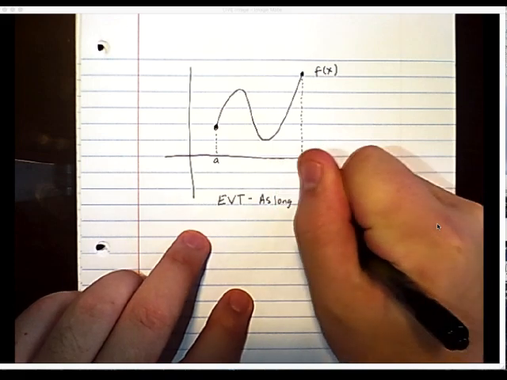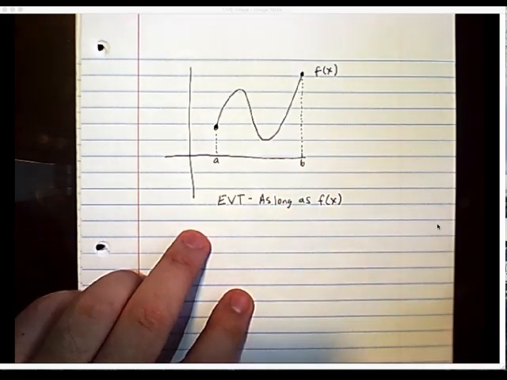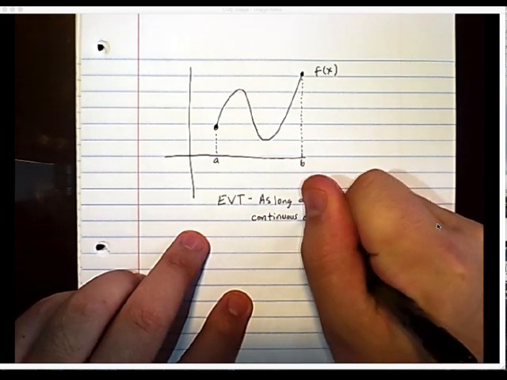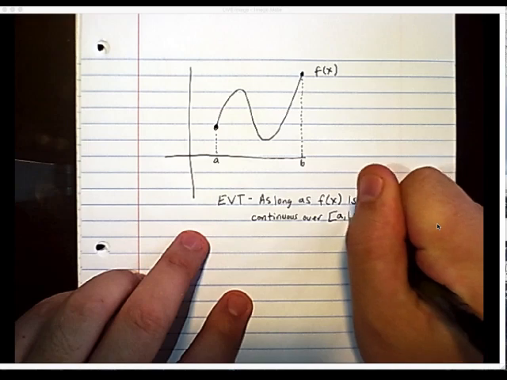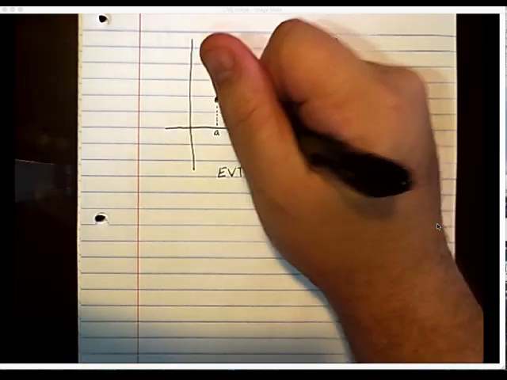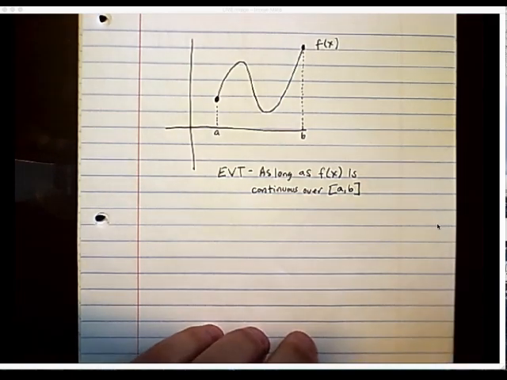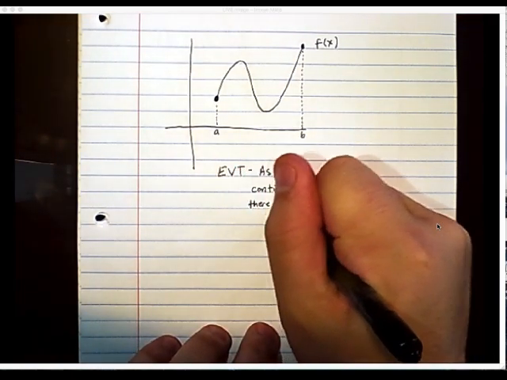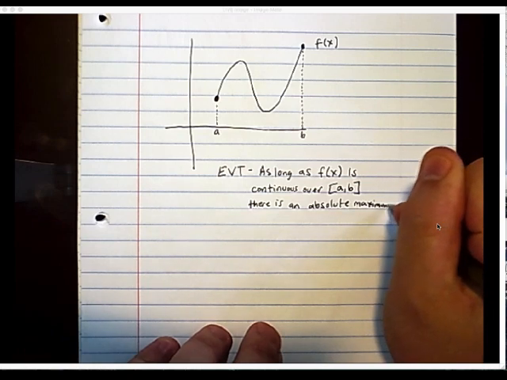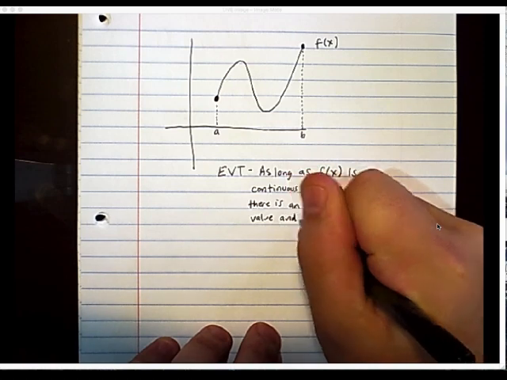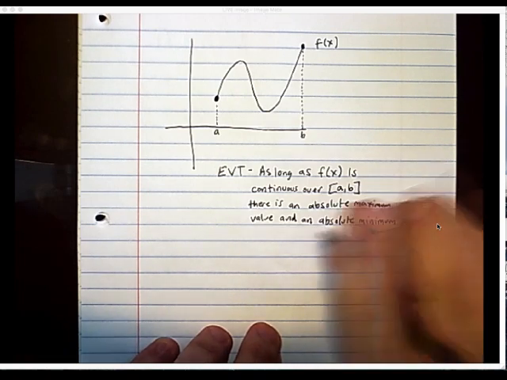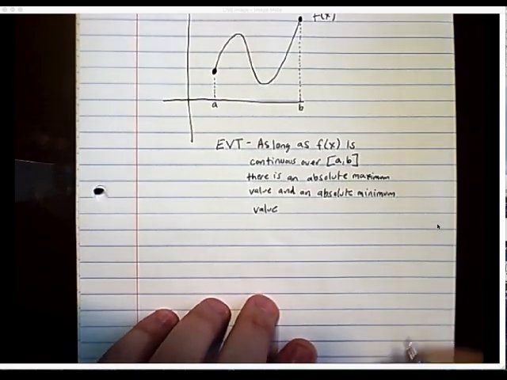As long as f of x is continuous over the closed interval a to b, which means that these points have to be defined, there is an absolute maximum value and an absolute minimum value over a to b.